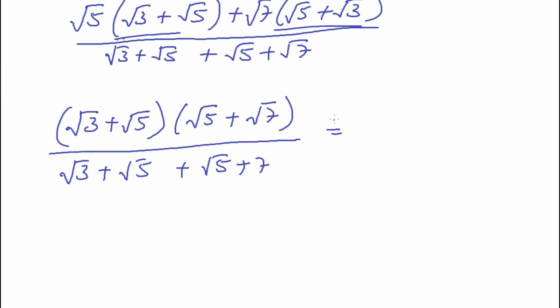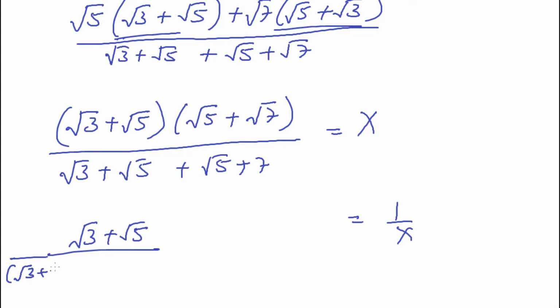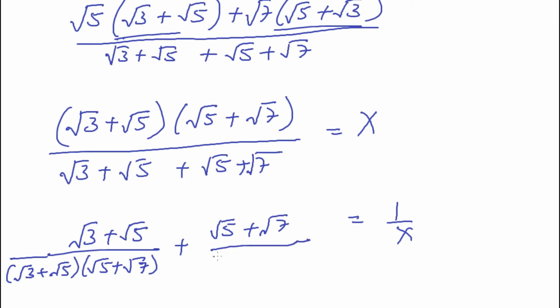So if this is equal to x, then 1 by x equals, just flipping the other side also, root 3 plus root 5 times root 5 plus root 7 divided by the whole thing which was in the numerator, root 3 plus root 5 times root 5 plus root 7.